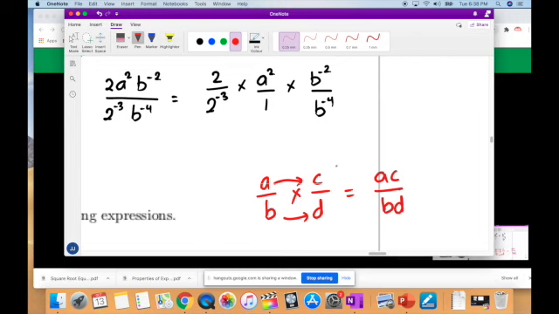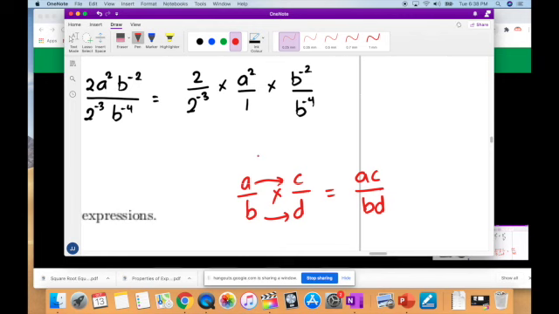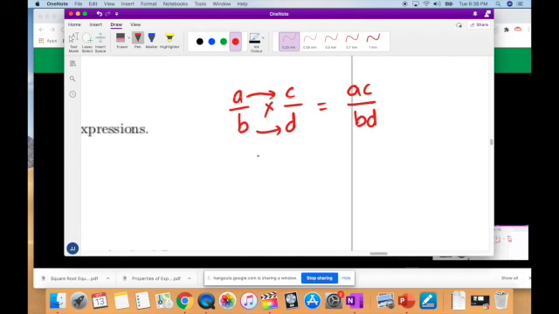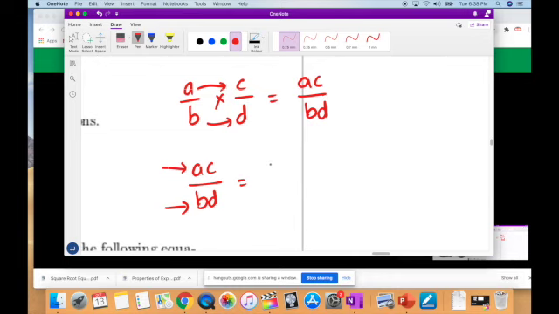Shazay, Caitlin, you all cool with this, right? But what if I was given ac over bd? Notice how everything is being multiplied there. So if I wanted to, I could split it up. I could pull out the a. I could split this up in all different kinds of ways. I could say that this is a over 1 multiplied by c over bd.